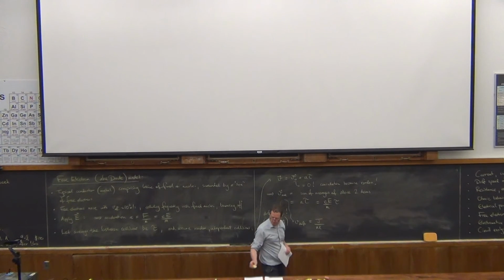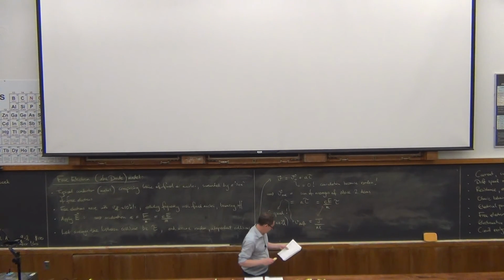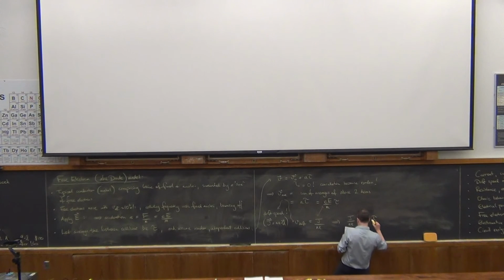So these two terms become equated. And then what drops out of this is that I can write J over n e equals e big E over m tau.